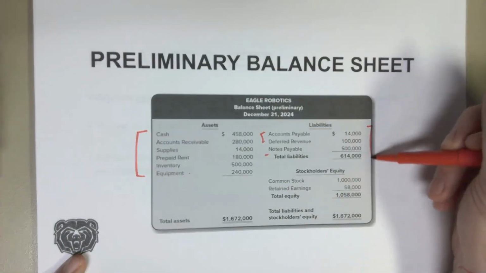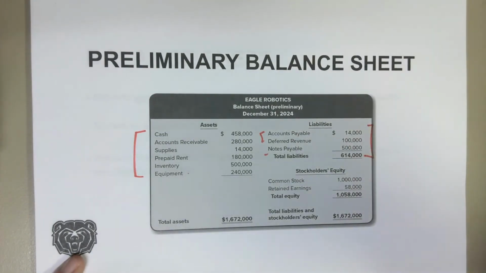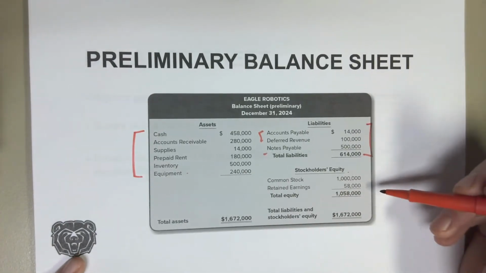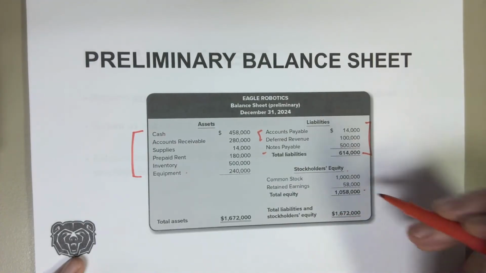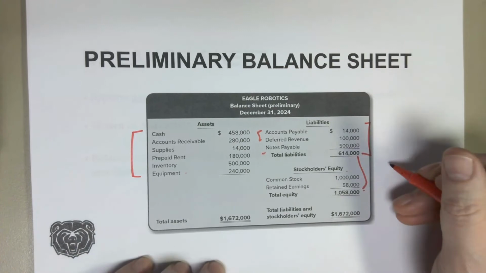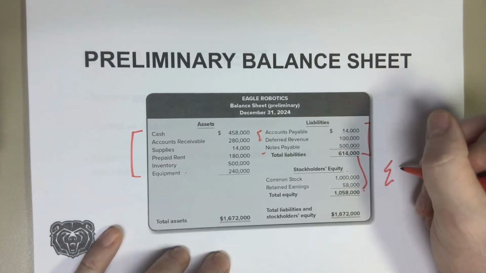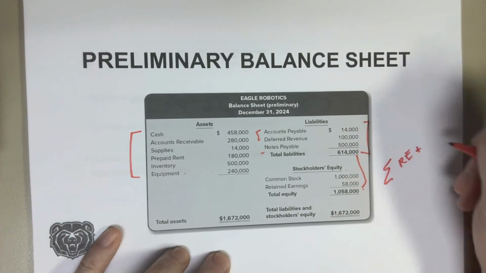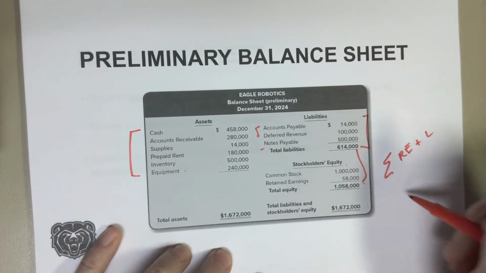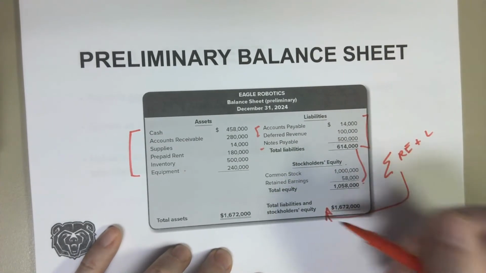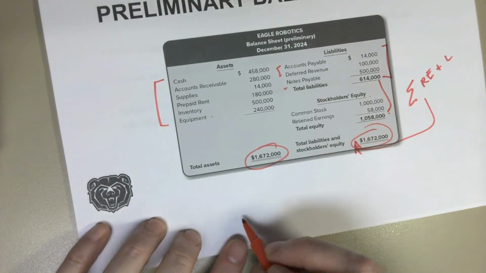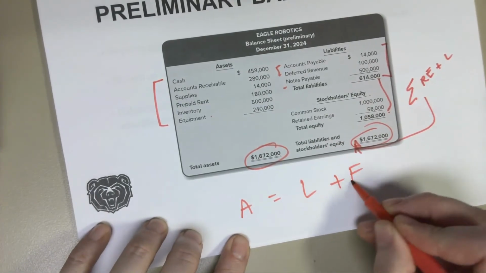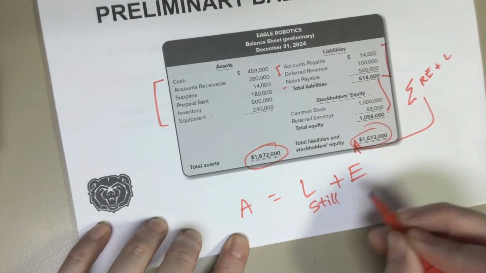These are going to be listed out, typically speaking, in the order that you plan on paying them. Then we give our total liabilities. We have stockholders' equity. In this case, we only got 2 accounts, common stock and retained earnings. We give a total equity number. You add these 2 together, so the sum of your liabilities and equity should equal this, your total liabilities and equity. And in the end, this and this have to match, meaning, once again, our assets equal liabilities plus equity, and it's still true.